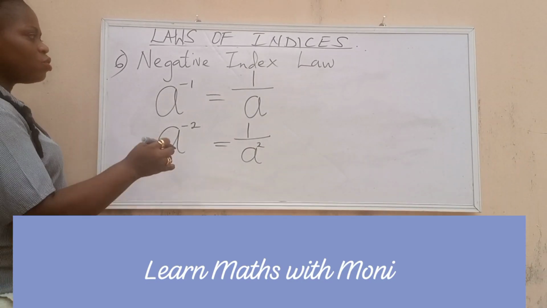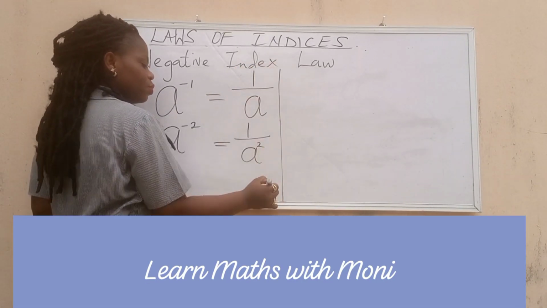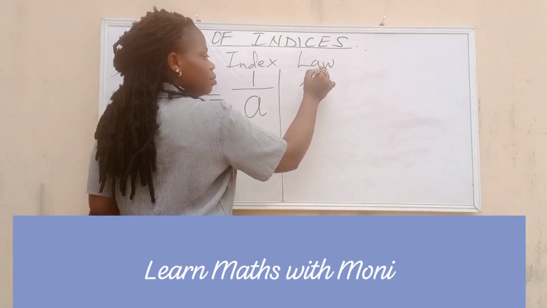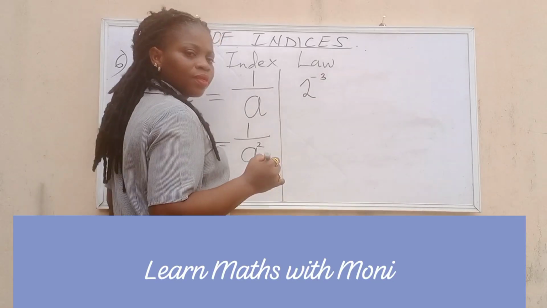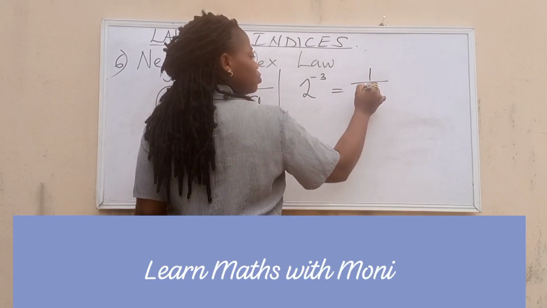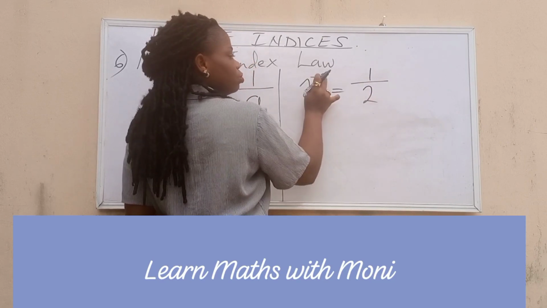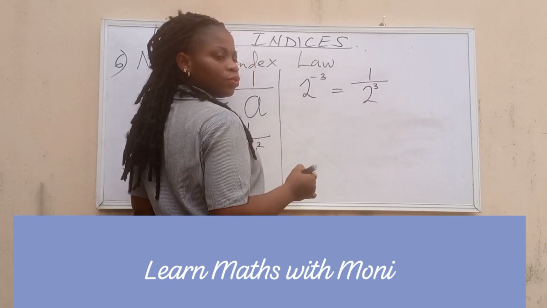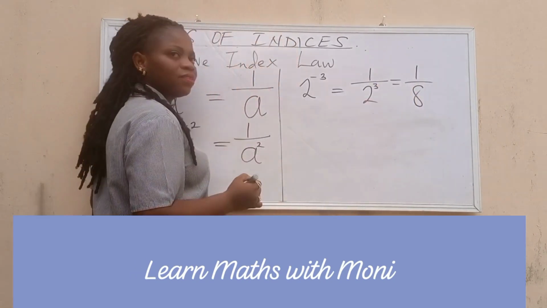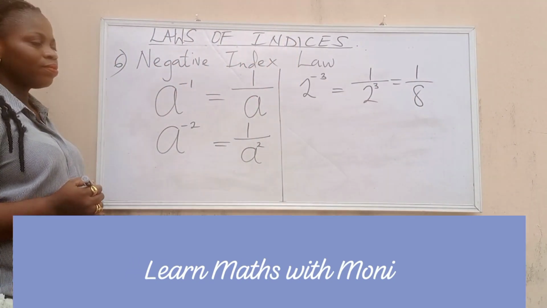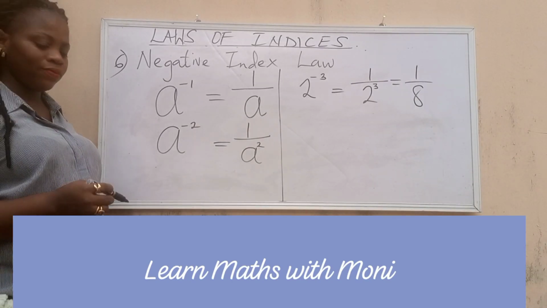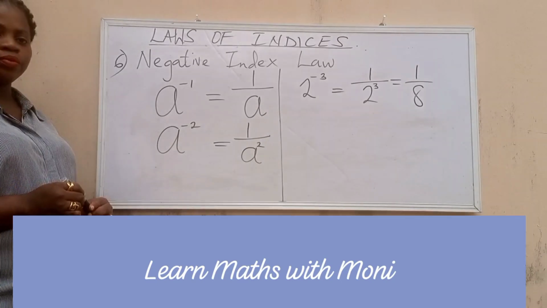So, in a numerical case where I have 2 raised to power minus 3, that is 1 over 2 raised to power 3, which is the same thing as 1 over 8. That is all about the negative index law.